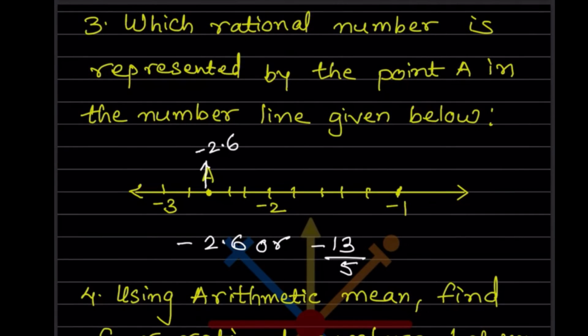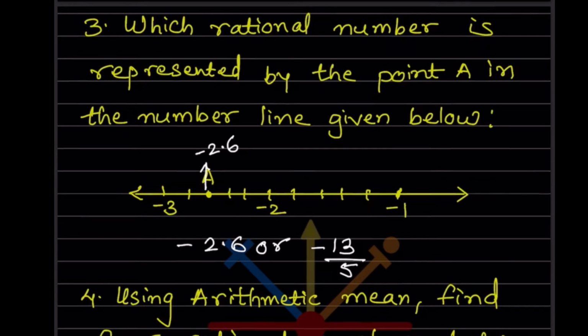Now, which rational number is represented by the point A in the number line given below? So this is the point given, A. Can you see this number line is given? How many divisions are there in between minus 2 and minus 3? 1, 2, 3, 4, 5. A is given on this point, and this is minus 1, so minus 1 is divided into 5 parts.